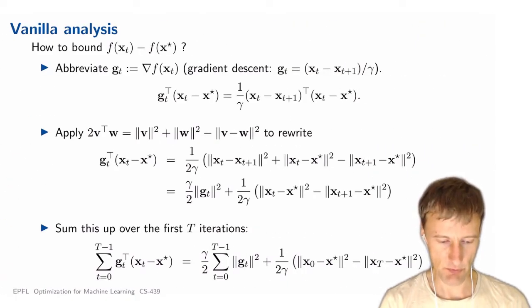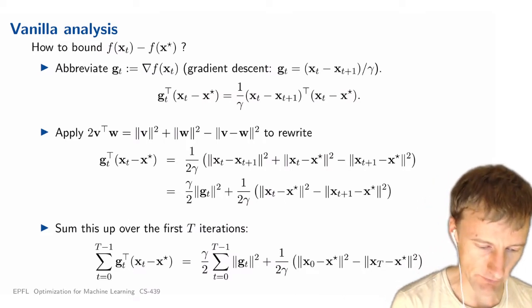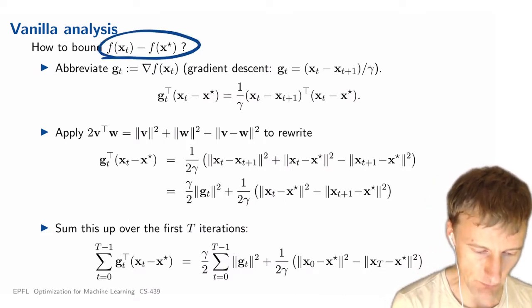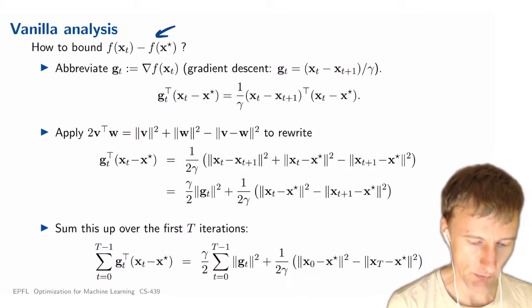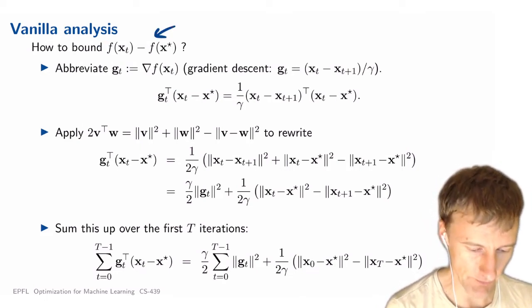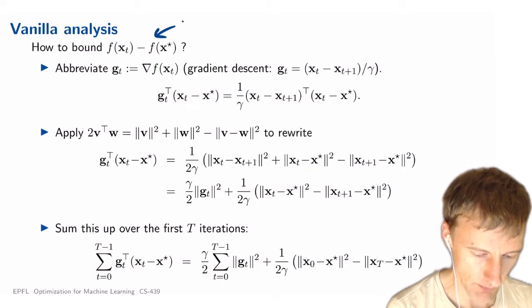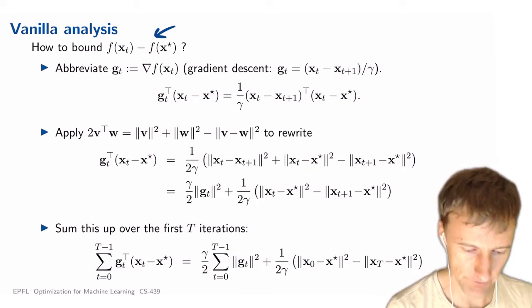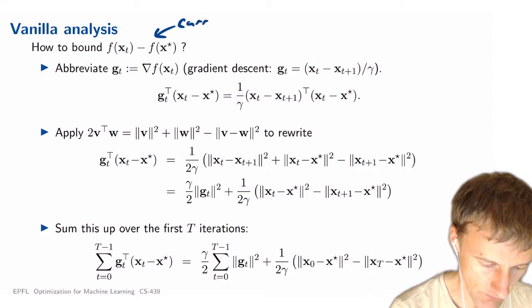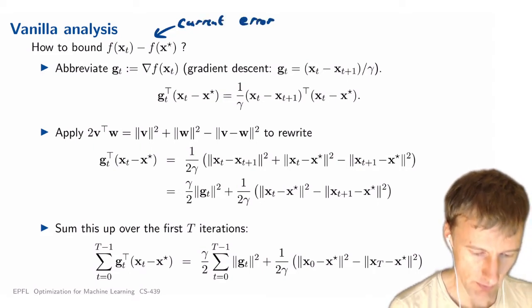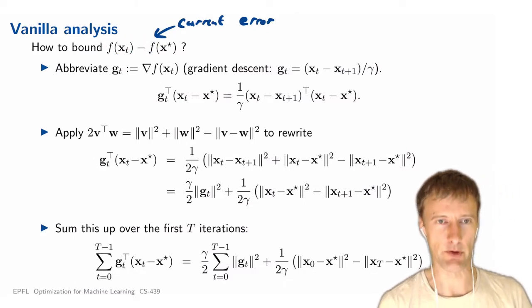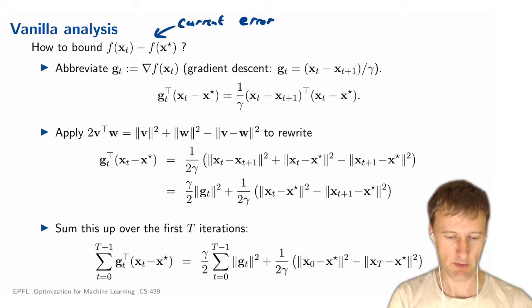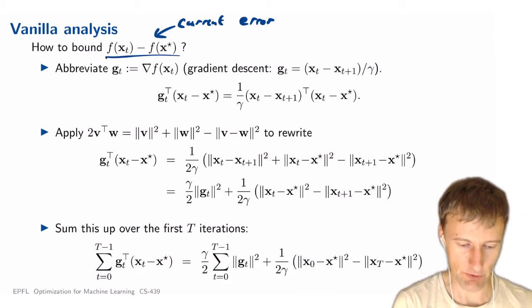Okay, but what we want to do here is to analyze how fast it needs to converge, and this is our measure of progress here. This is the current error. I'm at xt, and I want to go to something which has a function value close to f of x star. So I want to bring this quantity down.